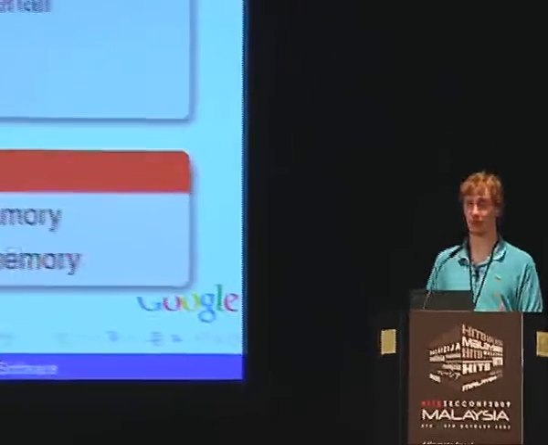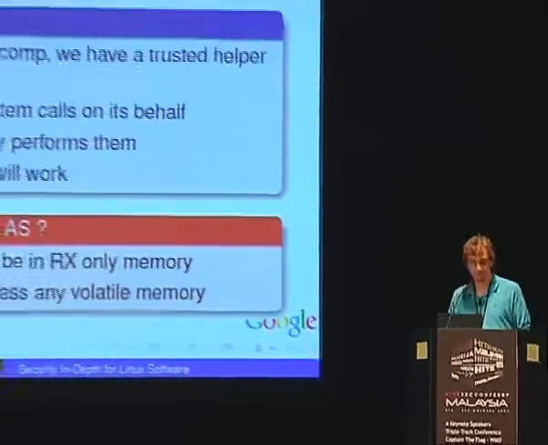The good thing is that since they share the same address space, even memory allocation will work. But that seems a bit odd, because you actually have trusted and untrusted code sharing the address space. And I mentioned at the beginning of the talk that the process was the security boundary in Linux.